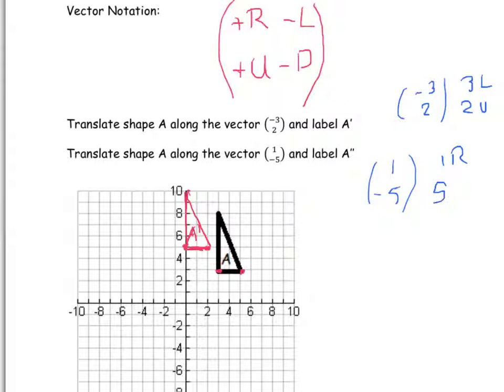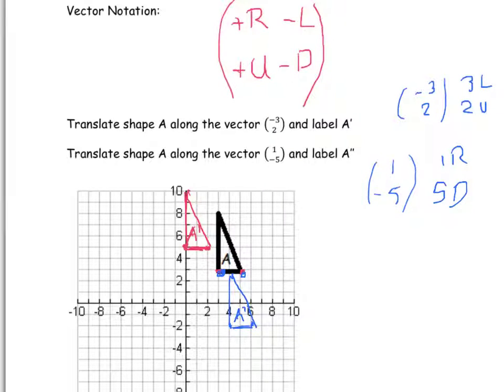So, same again. Pick a point on the shape. We can go 1 right and then 5 down. Do the same for another point, 1 right, 5 down. Then you'll probably be able to draw in the shape from there, and it's going to be exactly the same shape, and label it A dash dash.